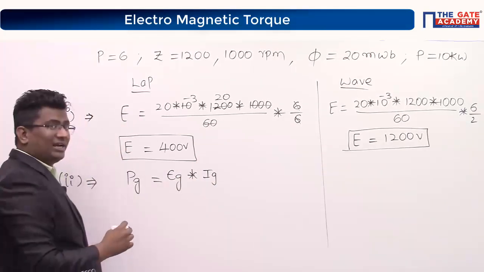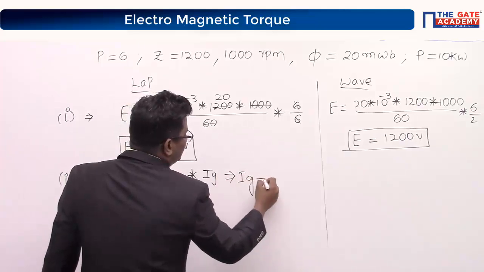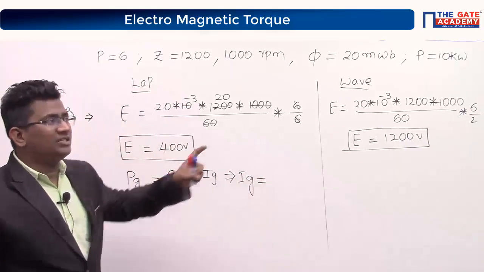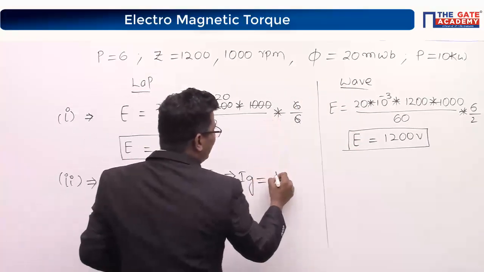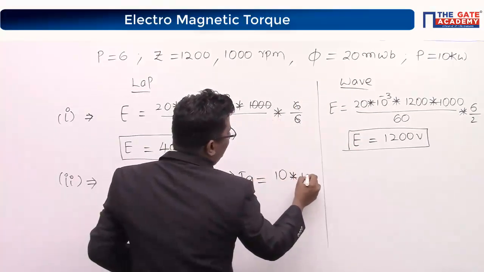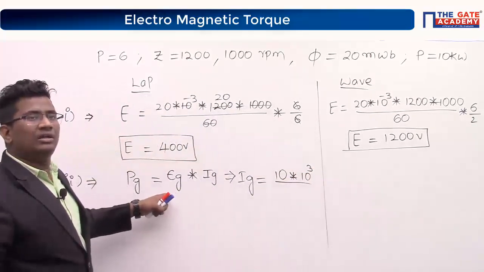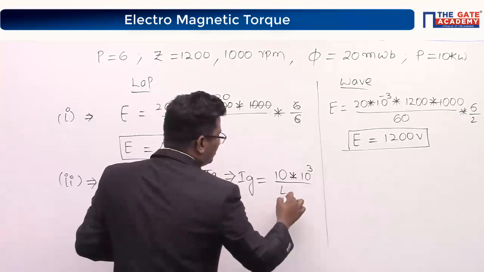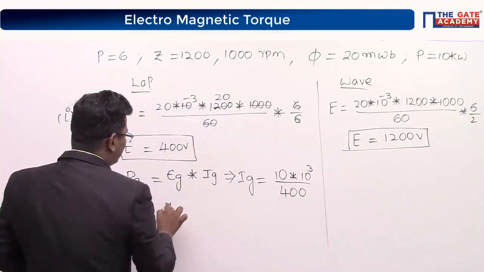From this, what is generated current? Ig is equal to the generated power, which means the power given to the load. 10 kilowatt is given, right? 10 into 10 cube divided by Eg. You got Eg as 400, right? Anyone tell me what is this answer?